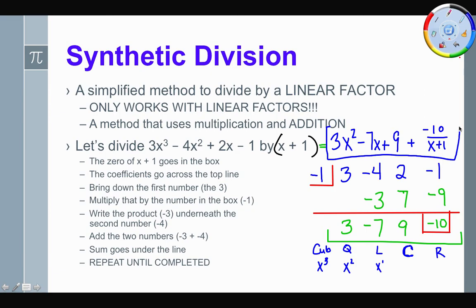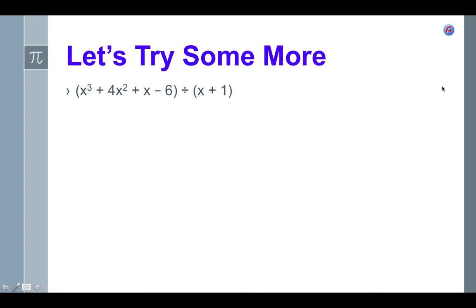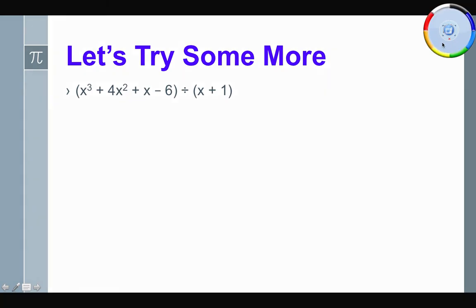Now, I understand if this is confusing because you've never seen this before, but by practicing, this actually is faster than the long division. So here we're going to do synthetic division on a couple of problems.